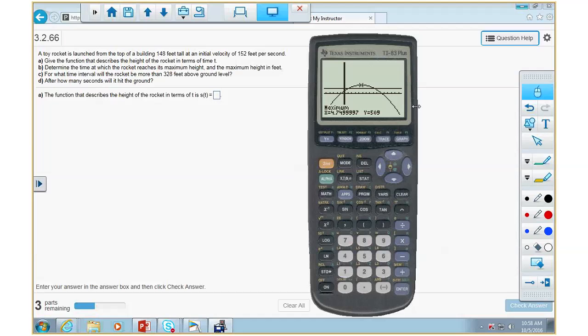Now let's find the intersection. Second, calc, intersect. And there's the first curve, there's the second curve, and then go over. Right there. There's your first intersection, 1.39, 328 feet. Second, calculate, intersect.